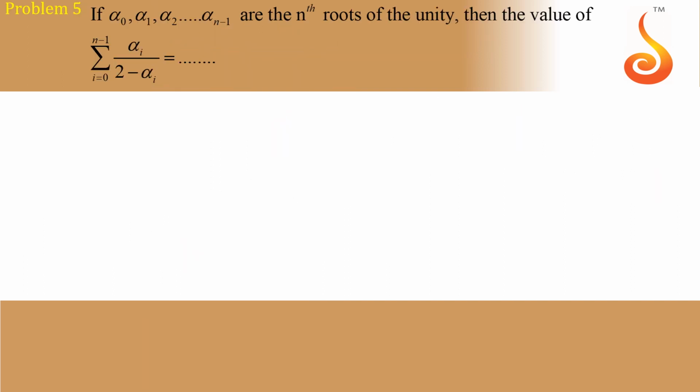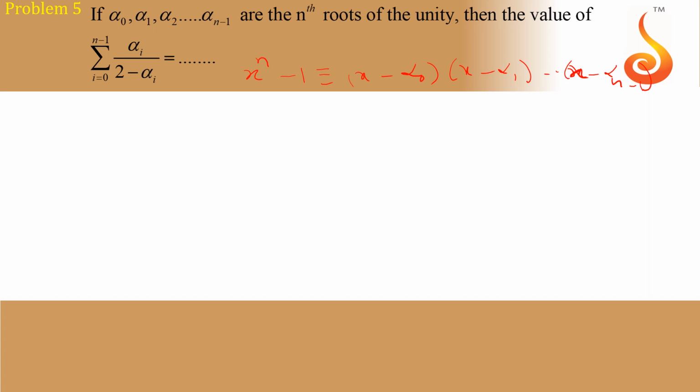Next problem. If α₀, α₁, α₂, and so on, αₙ₋₁ are the nth roots of unity, then find the value of Σ for i = 0 to n − 1 of αᵢ divided by (2 − αᵢ). So you know, when they are the nth roots of unity, xⁿ − 1 by theory of equations you can write as (x − α₀)(x − α₁) and so on up to (x − αₙ₋₁).